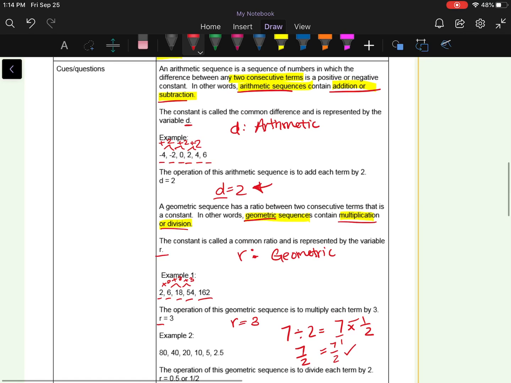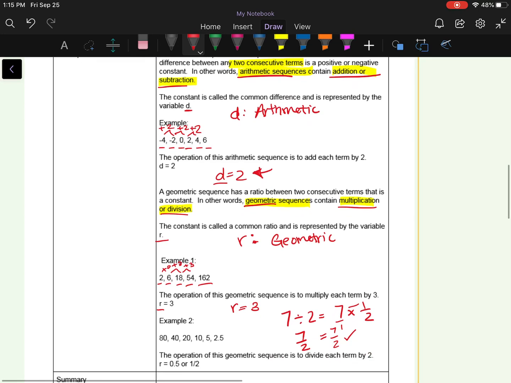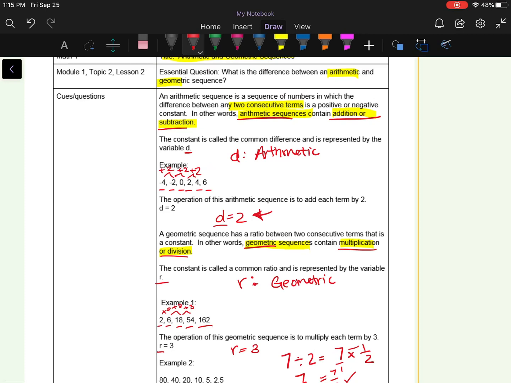And with addition, you can express subtraction too. Let's go to that example right here. I could express plus 2 or minus 2. Actually, let me correct this. 4 minus 2 is equal to the same thing as 4 plus negative 2. Those two things are equal, because 4 minus 2 is 2, and 4 plus a negative 2 is also 2.